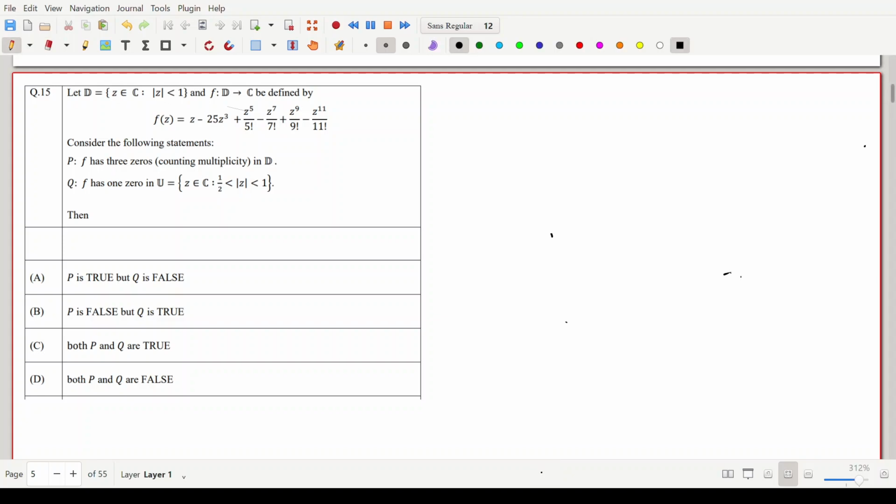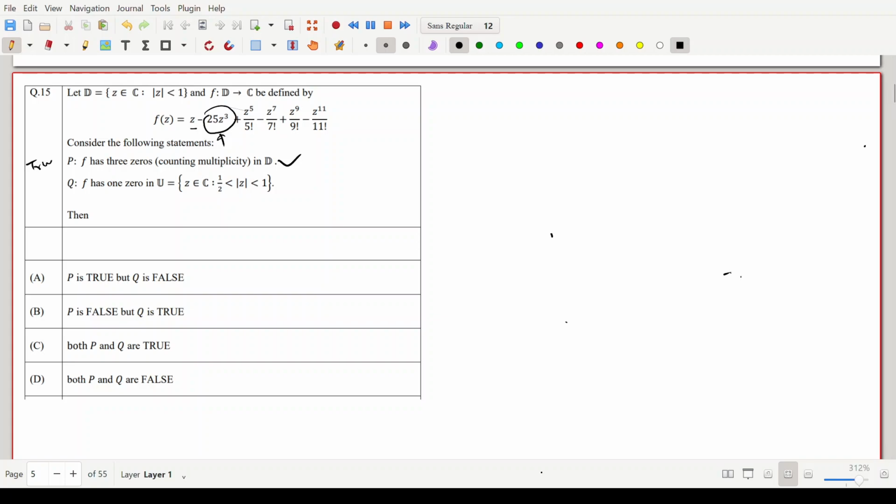As I told you, I am looking for this guy, and I observe that this guy is having the greater modulus than the other part. So the number of roots of this function will be the same as the number of roots of this guy who is having higher modulus. Okay, perfect. That means P is true.